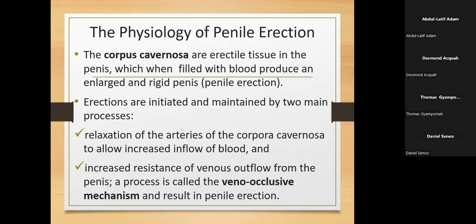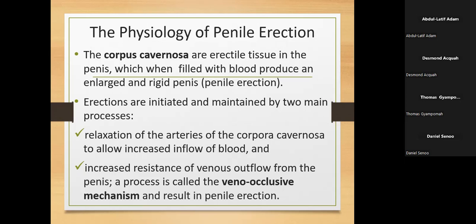So once the veins are almost collapsing, it means that they cannot take away blood from the penis. And so once too much blood is coming and only very little is leaving, then it means that the blood will stay in the penis and cause an engorgement. So it is this engorgement that also results in the enlargement, and then the stiffness, and then the hardening of the penis.